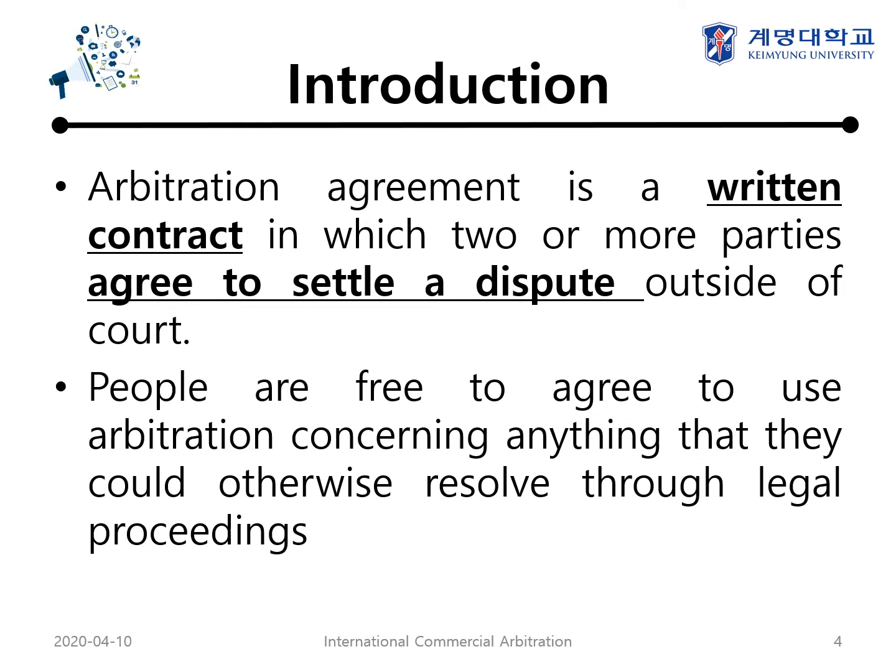In general concept, an arbitration agreement is a written contract in which buyer and seller, or parties, agree to settle a dispute outside of the court. Both parties have the privilege to use any arbitration process according to their preferences and accessibility to the institution.